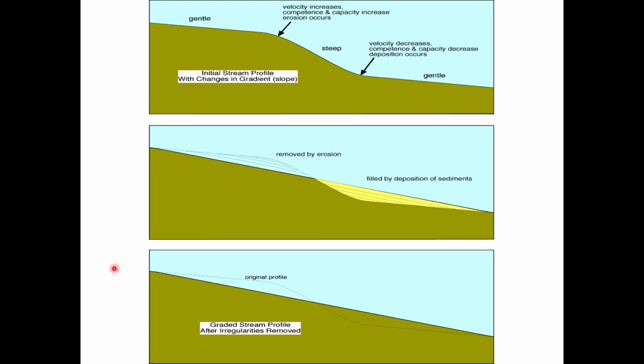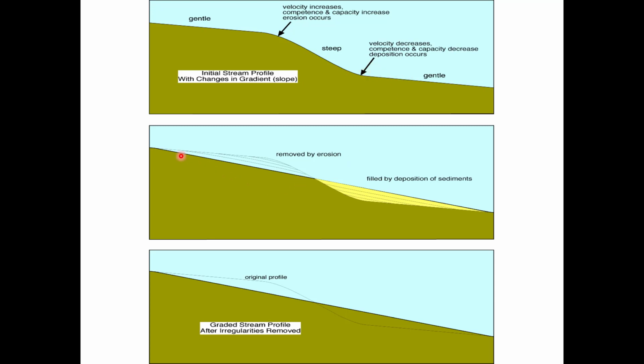Here's another more detailed diagram of the same thing. If the land surface is shaped like this and the river finds itself flowing over this surface, what it will do, it will take the energy that it gets from the steep slope and it will dig into the earth material. And then when it encounters this gentle slope, it will lose that energy and so drop its load.